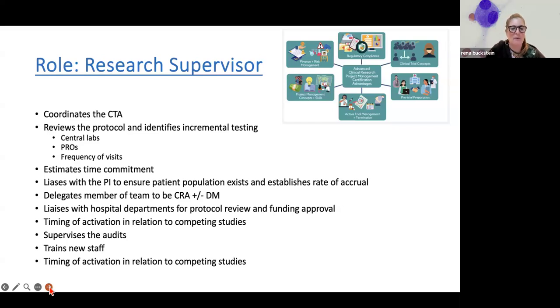It's always a painful experience to go through an audit, but you just don't want to be caught with non-adherence, gross mismanagement or non-adherence, poor consenting documentation, all that sort of thing. So the research supervisor has to be super conscientious about that. Okay.